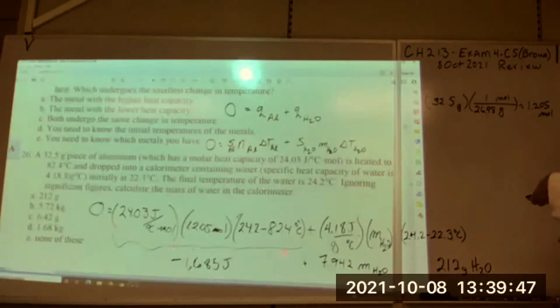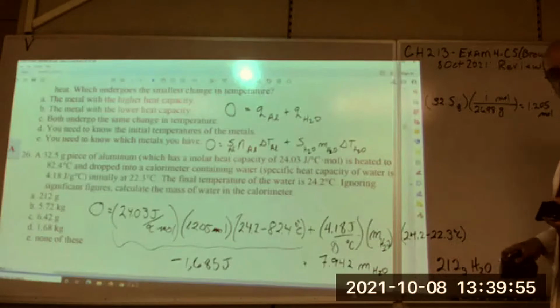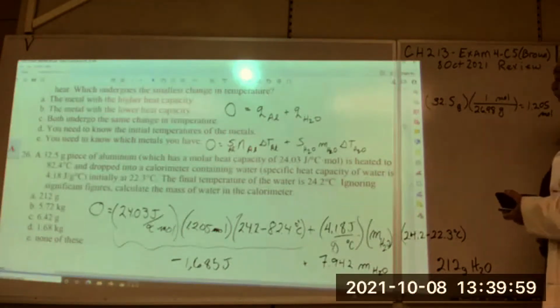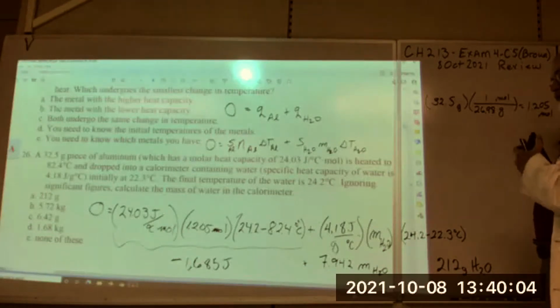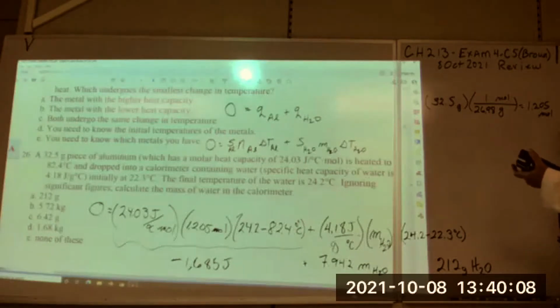I mean, we danced around the barn several times to get there, but this is just an illustration of how methodical you have to be when you do these calculations. And always be thinking, right? If I hadn't been thinking, if I'd been rushing through, like if I were taking one of my own tests, I might have made a mistake.